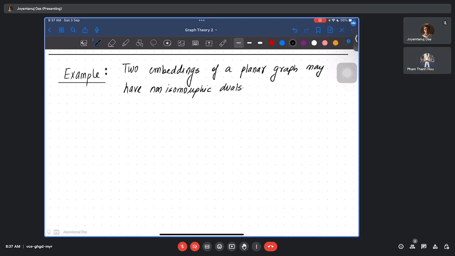It means that suppose I can have a planar embedding in many ways, right? So those duals can be non-isomorphic.